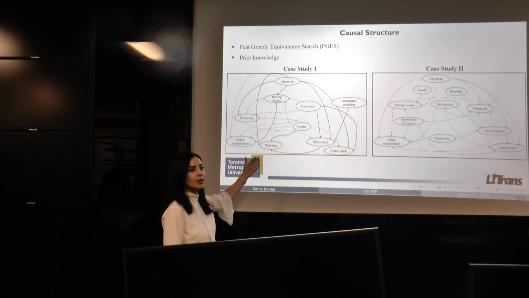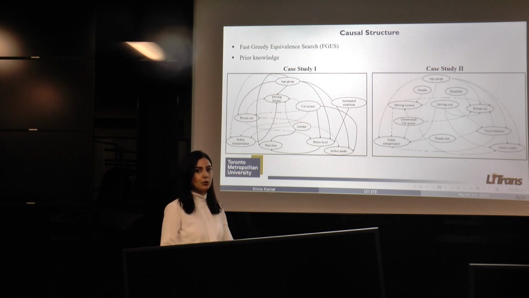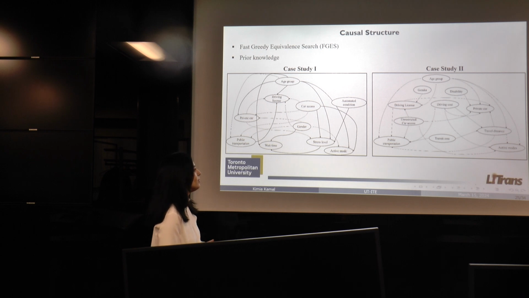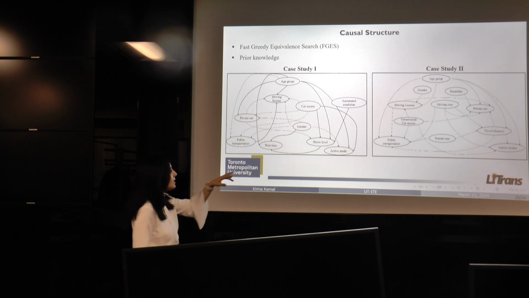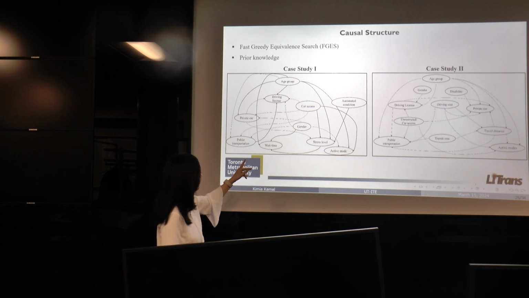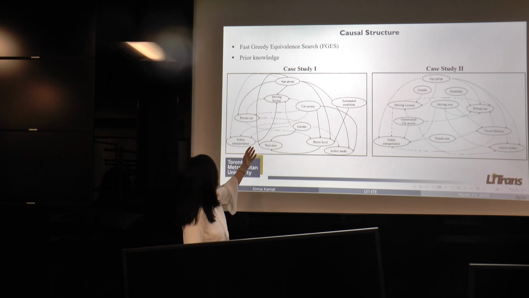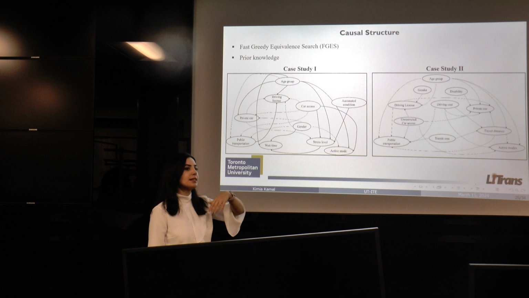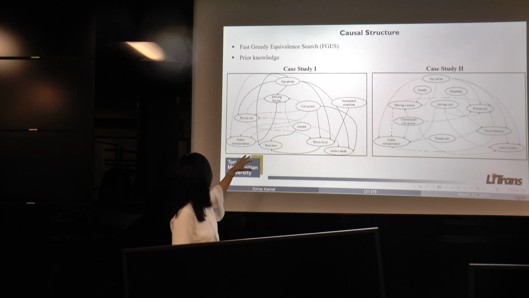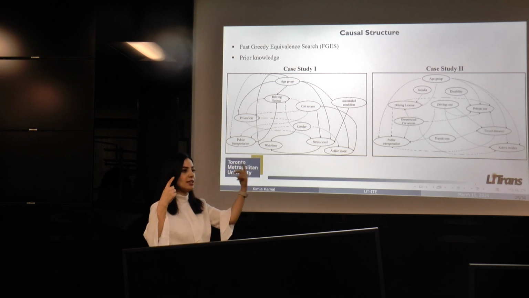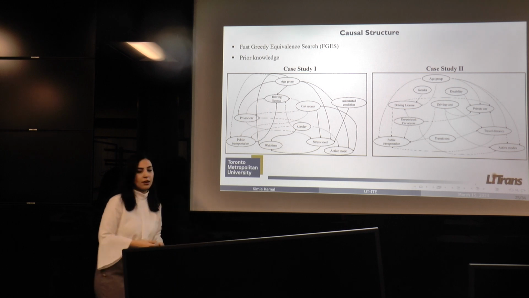But here, as you can see, there are different relationships between the variables. In these two causal structures, some variables play roles as exogenous variables, and some others play roles as both exogenous and endogenous variables.